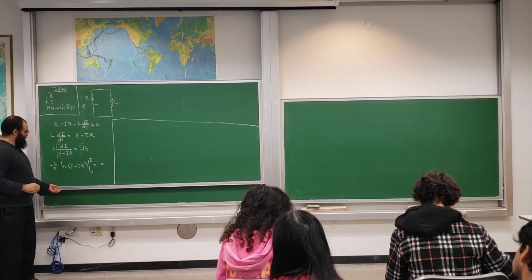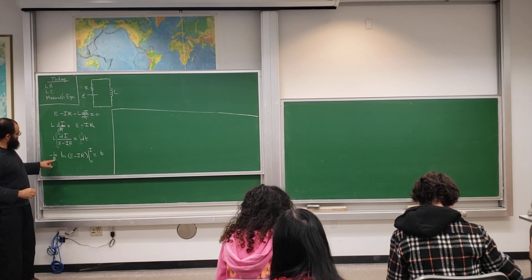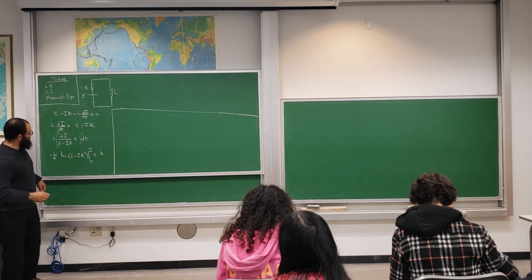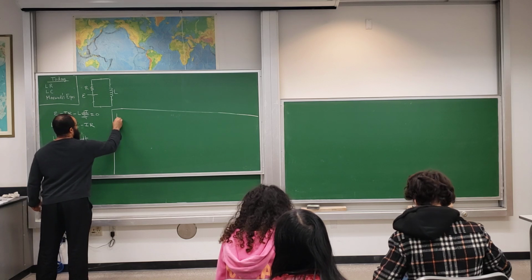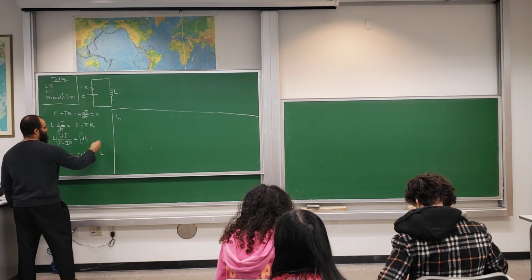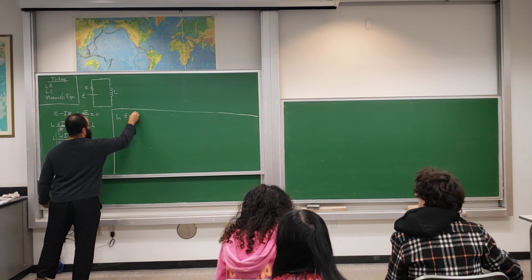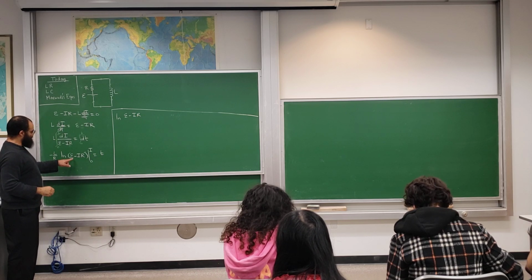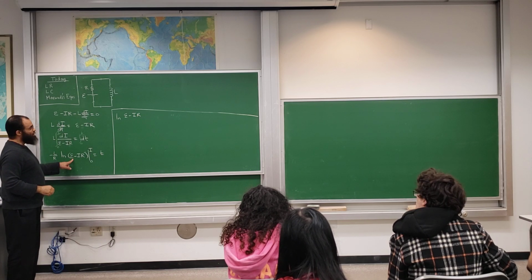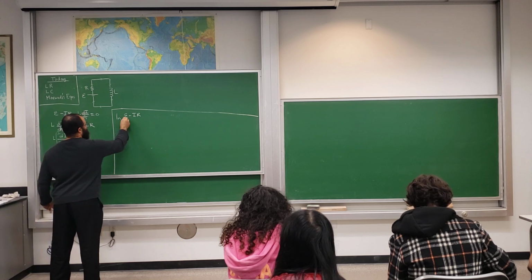Now I'll multiply both sides by R over L with the minus sign. And here I'm going to evaluate. When you substitute I, you get the natural log of E minus IR. When you substitute 0, you get minus the natural log of just E. The difference between natural logs gives you this.